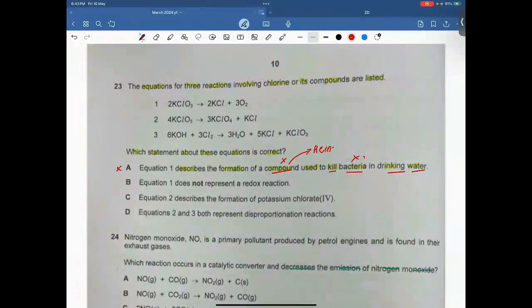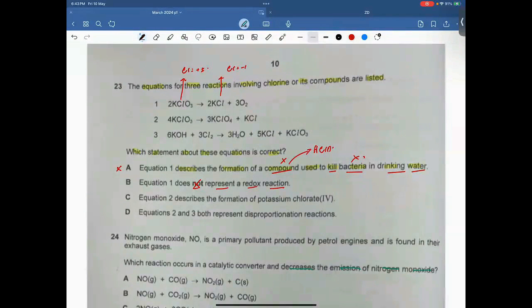Equation 1 does not represent a redox reaction? It does represent a redox reaction, because the oxidation state of chlorine here is +5. Over here, the chlorine is -1.